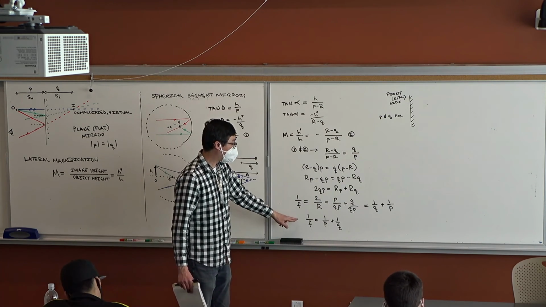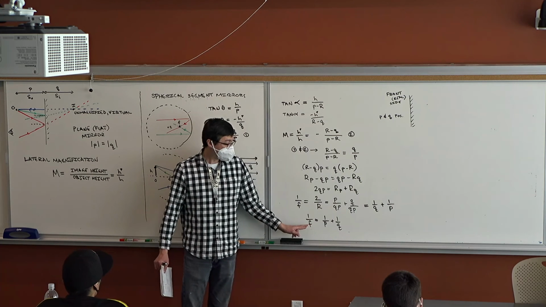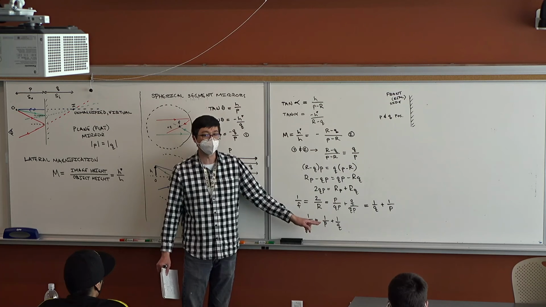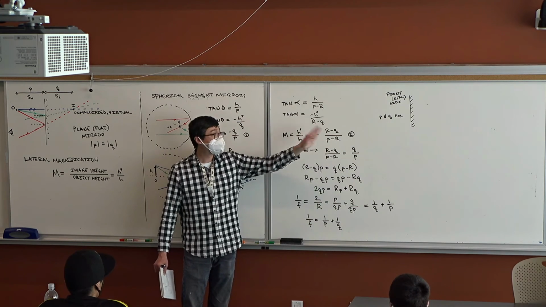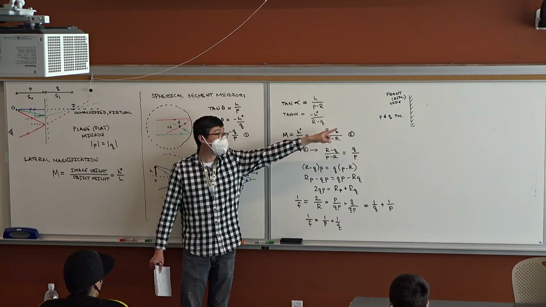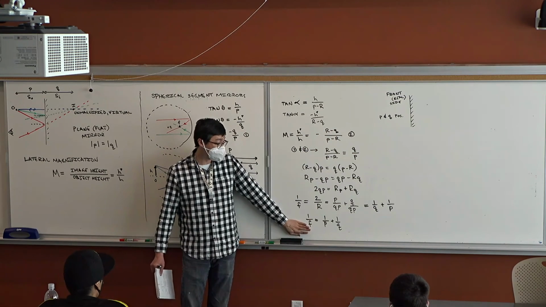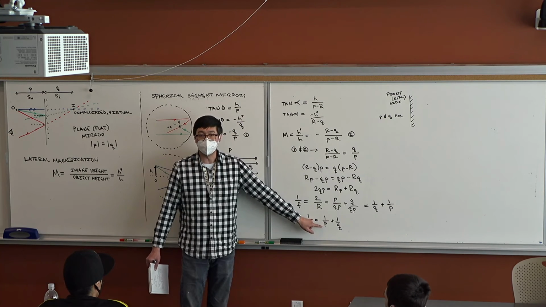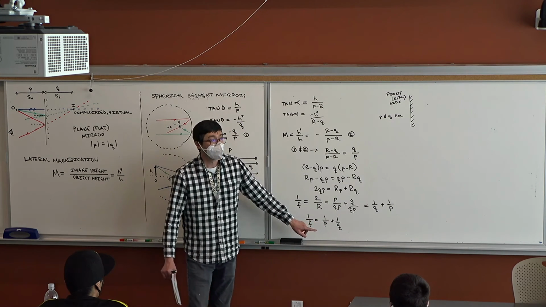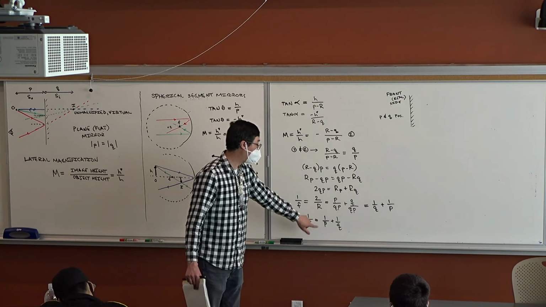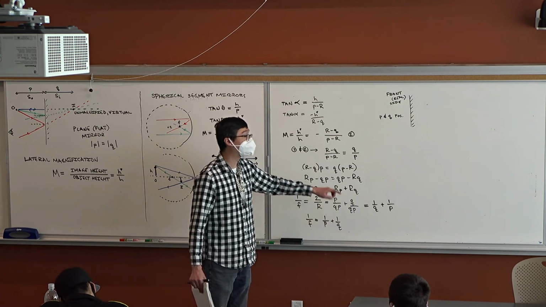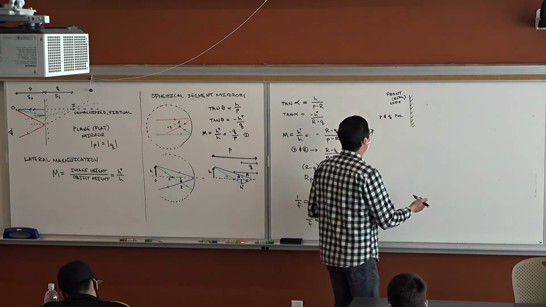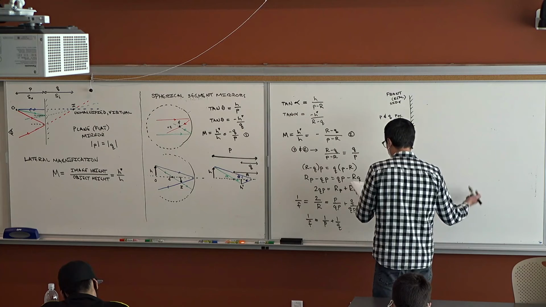Some books will give you this equation that 1 over F plus 1 over P is equal to 1 over Q. The designations I'm giving you here are not for that equation, they're for this version of the equation. And it just defines where P is meant to be positive. So if you're using 1 over F is 1 over P plus 1 over Q, then P and Q are positive on the real side, and P and Q are obviously negative on the other side.